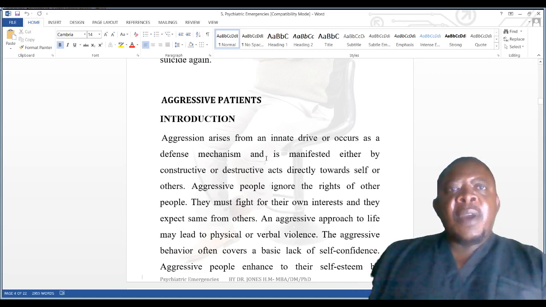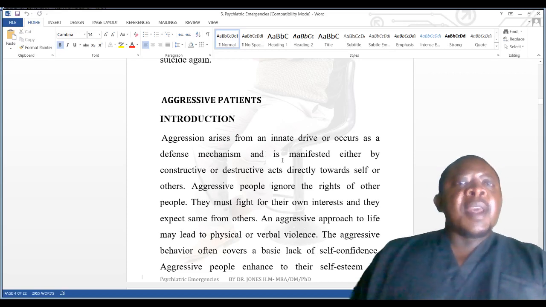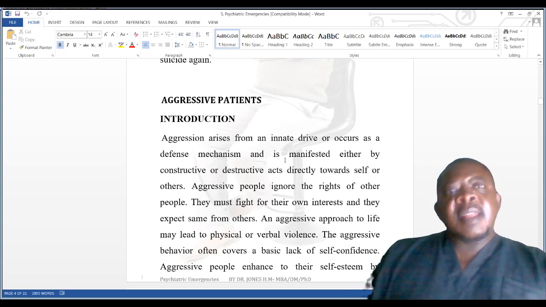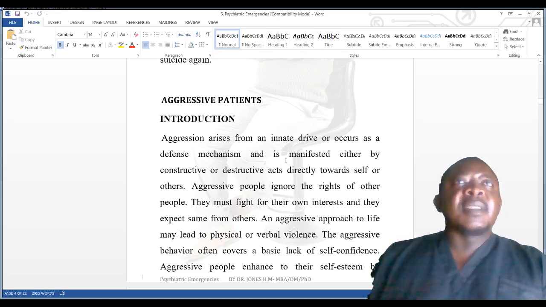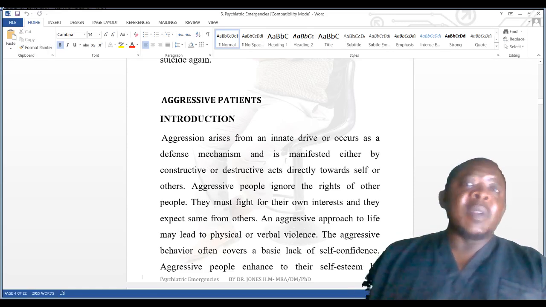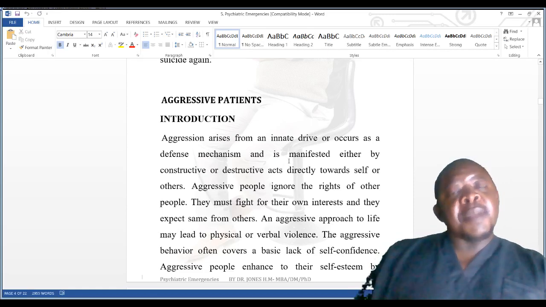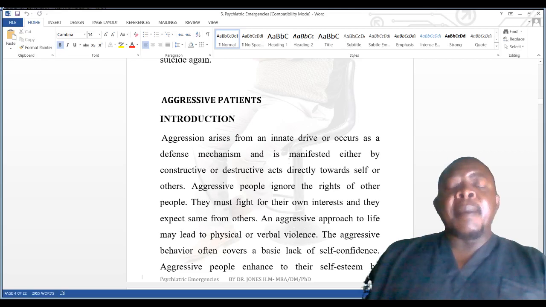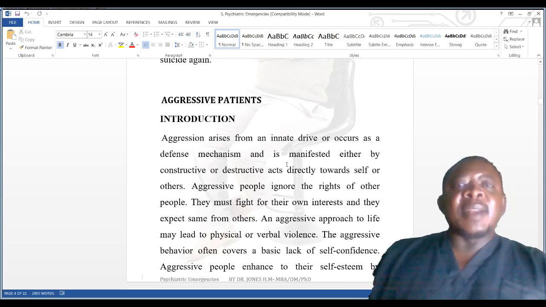With aggression, there is no airway affected, no breathing affected, and no circulation affected. But aggressive behavior of cutting self, stabbing others and the like calls for concern that you need to stabilize the patient.